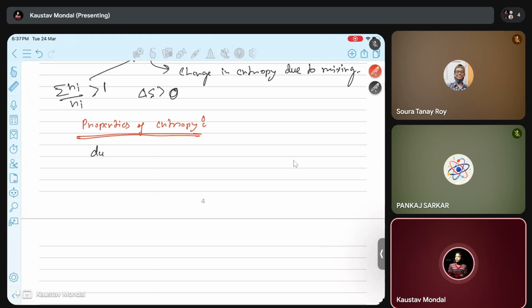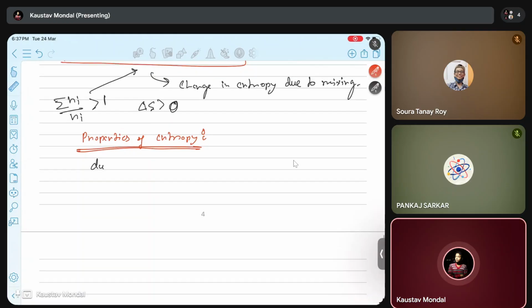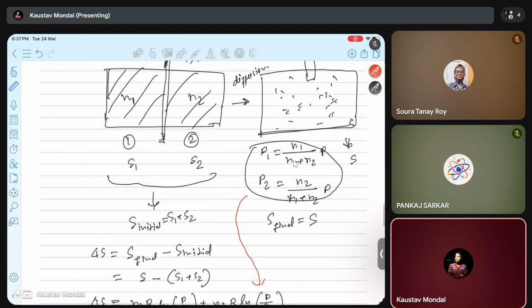Another way you can interpret it is that during all of these processes, the randomness inside the system is also increasing. So entropy can always be connected with the randomness of the system. During this gas mixing, initially type 1 gas is confined in this volume, and type 2 gas is confined in this particular volume.